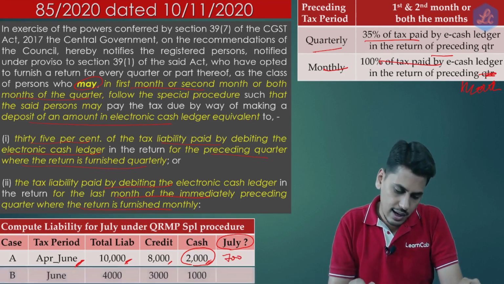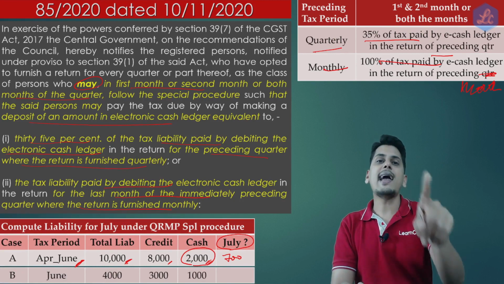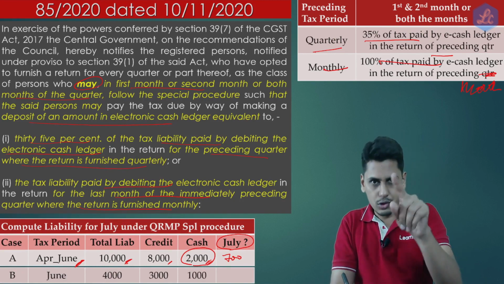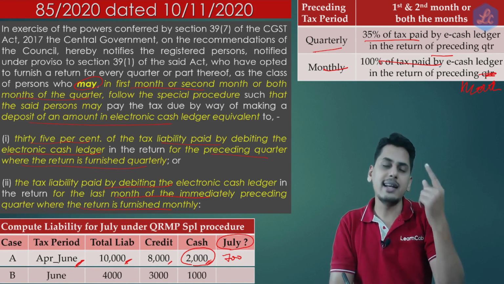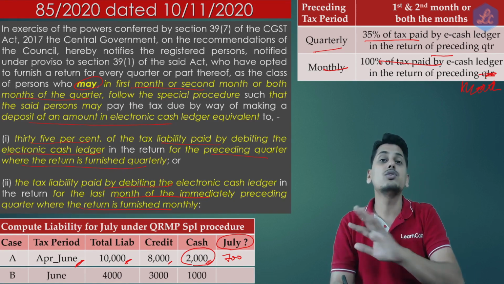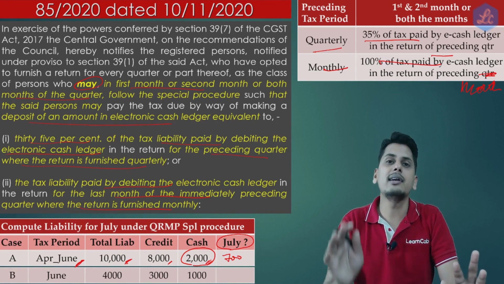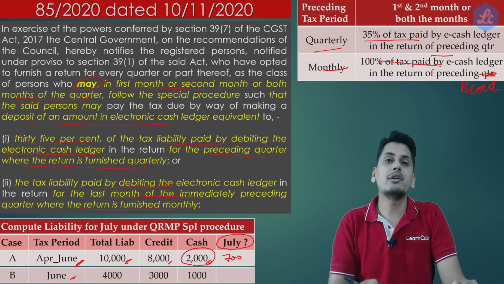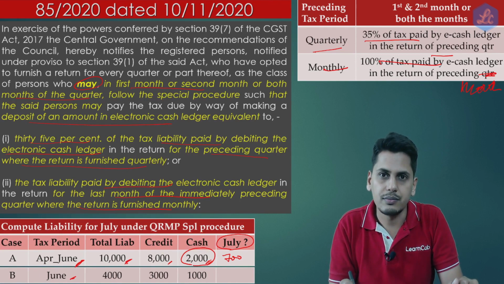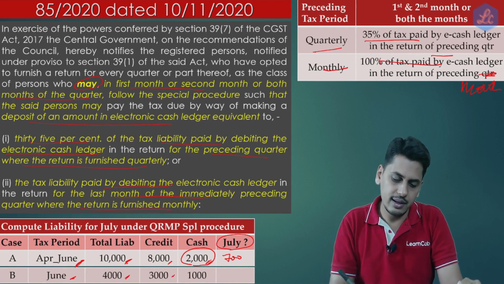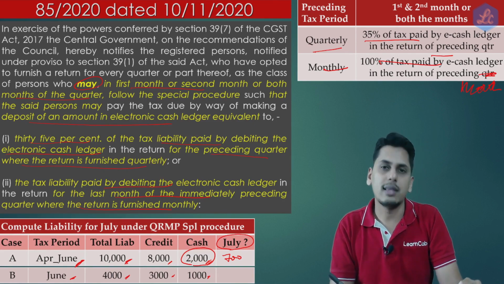Now friends, assuming the preceding tax period was a monthly return, that means you need to calculate for July, but when you check the preceding tax period for April, May and June, you are not under QRMP, you are under MRMP, monthly return, monthly payments. For June, you had filed a monthly return. So now friends, total liability 4,000 in that return, paid through credit 3,000, paid through cash 1,000.